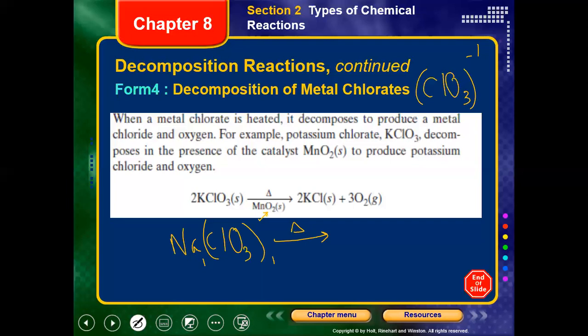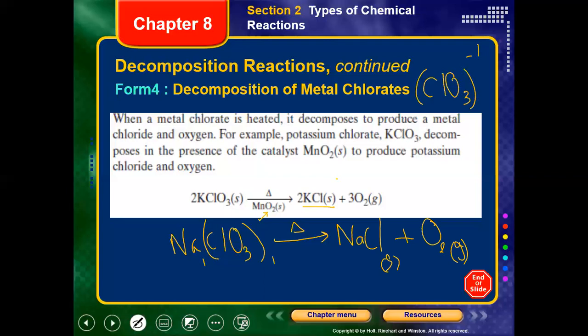The product is always the metal chloride, here Na and Cl, plus oxygen. Oxygen, you cannot write O, you have to write O2, and oxygen at room temperature is in gas state. NaCl is table salt, and KCl is also a salt.